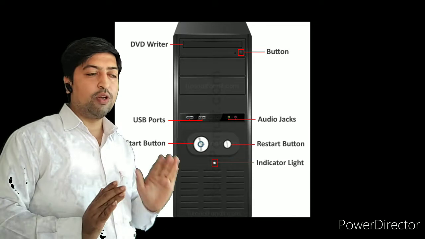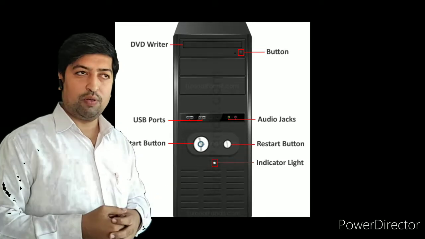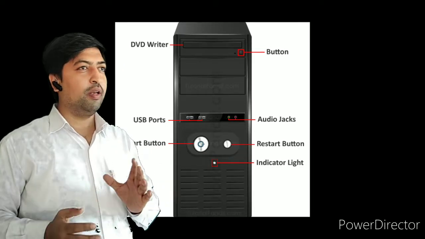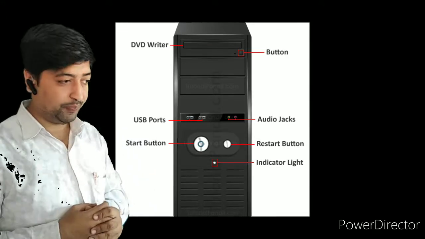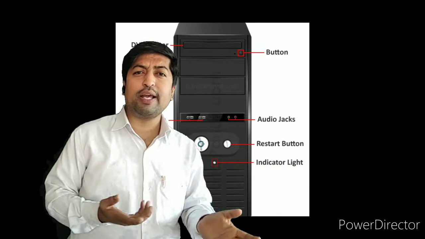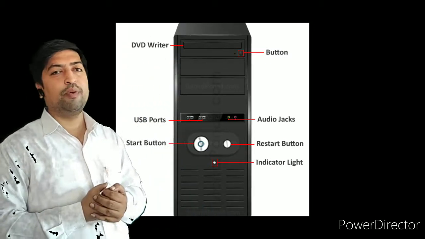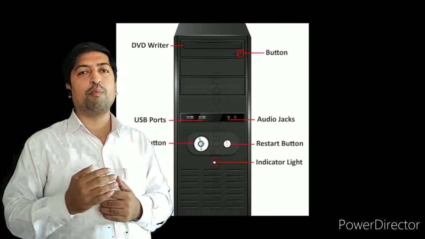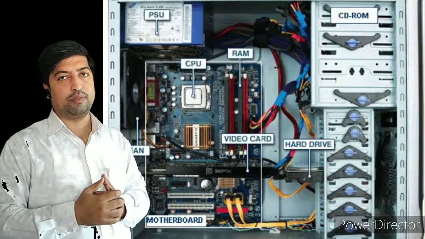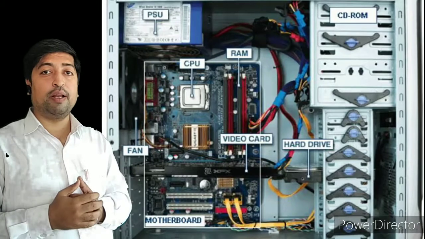If the RAM is low, the speed will be low. So RAM should be more than 1 GB. Nowadays computers are available with 4 GB RAM or more in the market.